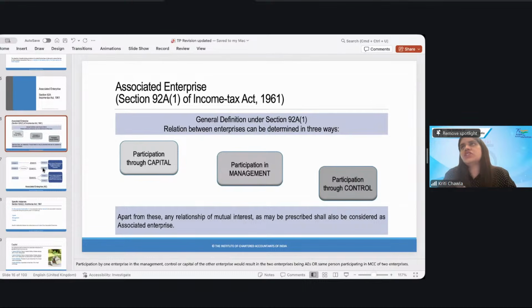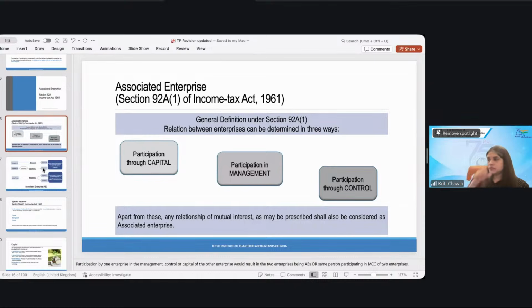The general definition says that there is a relationship, there is participation. And this participation by one enterprise in the management, control, or capital of the other enterprise will result in two enterprises being associated enterprises. Or, if there is the same person which is participating in the management, control, and capital of two enterprises.